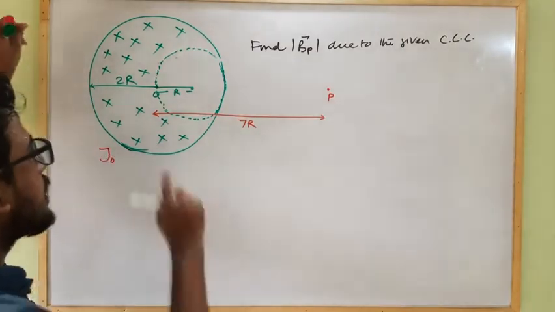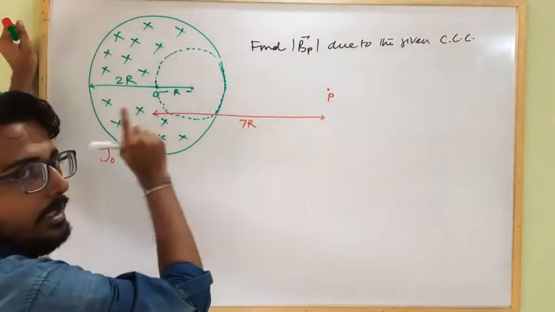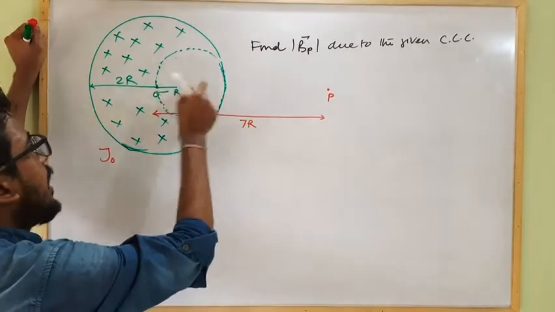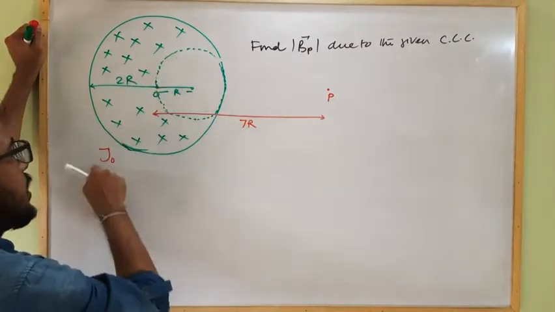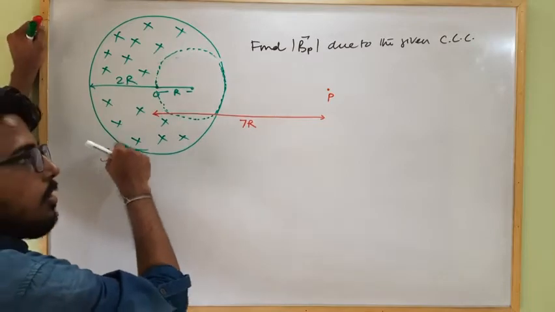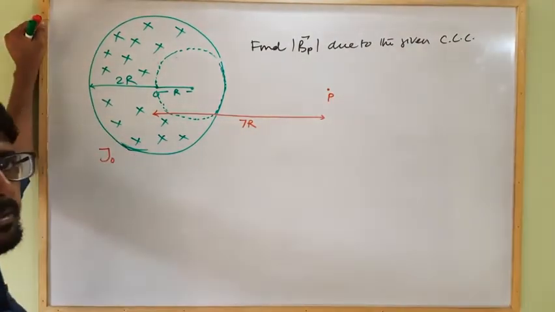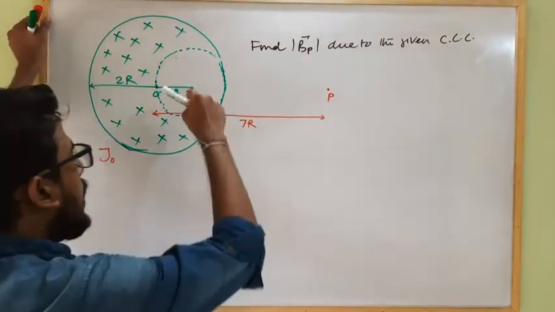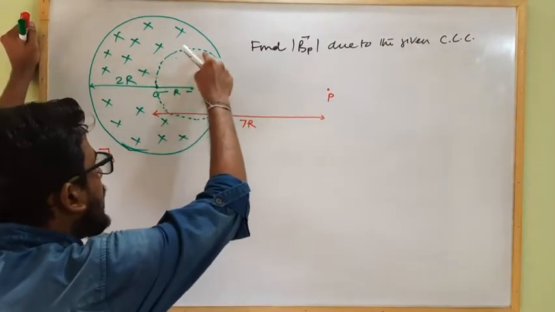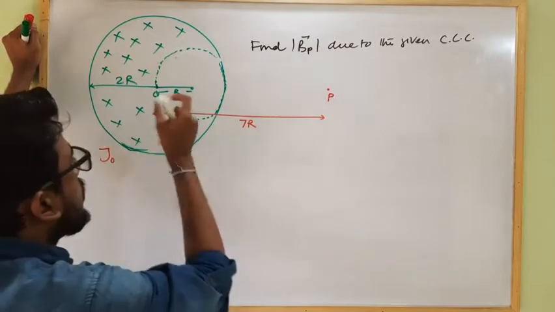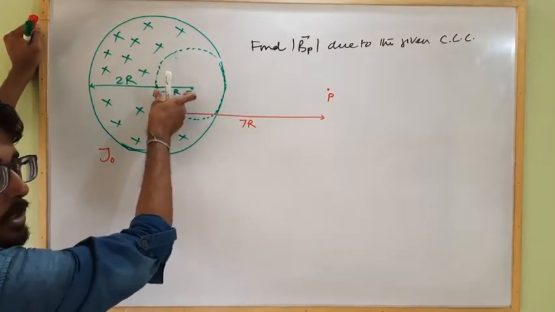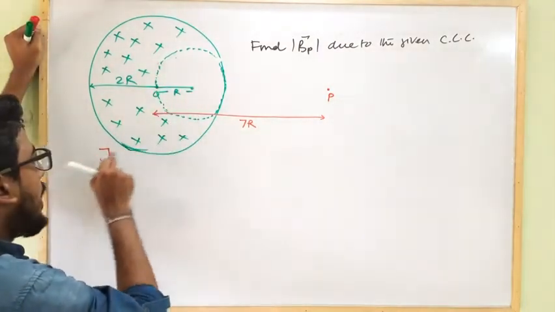First assume that there is a complete current carrying conductor which has no cavity, of radius 2r and having current density J naught. Clear? For that, find out the net magnetic field strength at point P. Then assume that there is a current carrying conductor of radius r which has current density minus J naught.